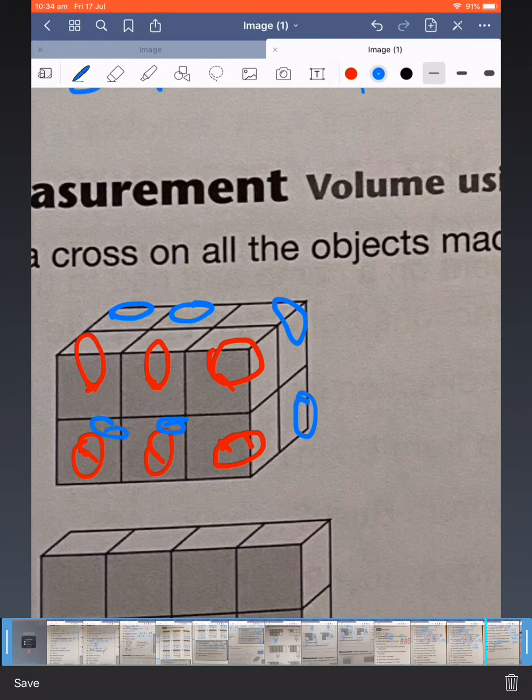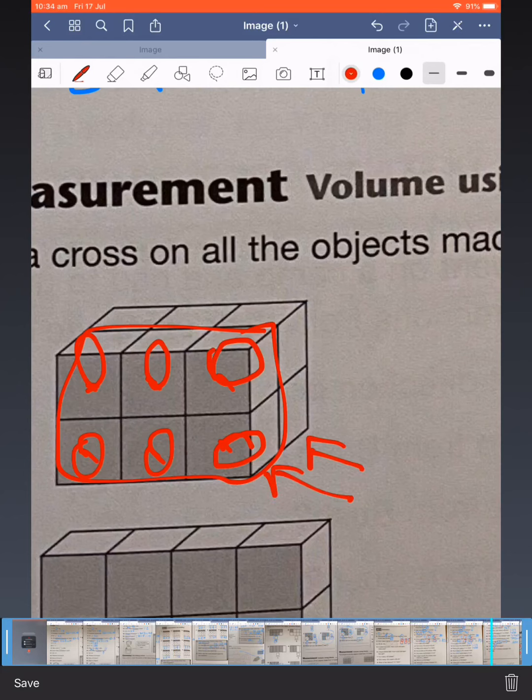So what I usually do when it looks like this, it looks like there will be cubes there, I'm going to just go 6, and then I'm going to add another 6, because this is one row here and it looks like there's 2 of those rows because there's another row there. So I'm going to go 6 plus 6.